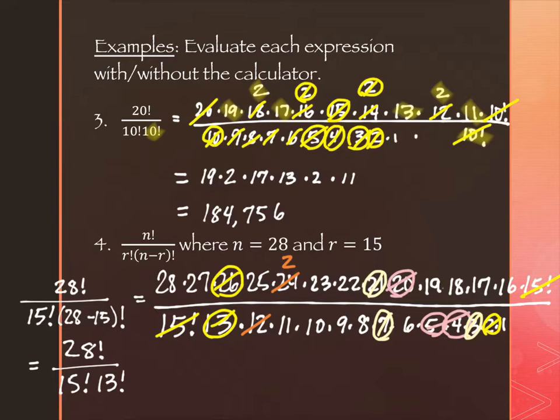All right, what do you want to do next? Somebody said 11. 11 and what? 22. Sure, 11 and 22 will work. My 11 here and my 22 here would cancel and give me a 2. You can divide the 27 by 9 and get a 3 on top. So I can take the 9 on bottom and the 27 on top. The 27 divided by the 9 would give me a 3.